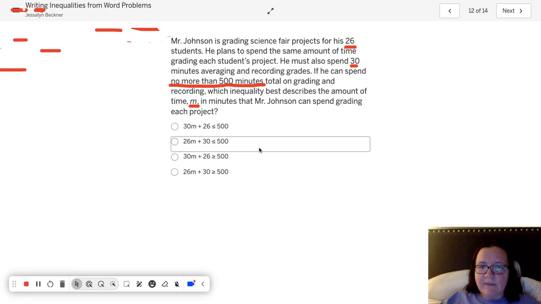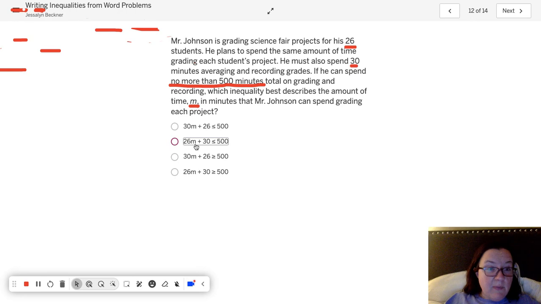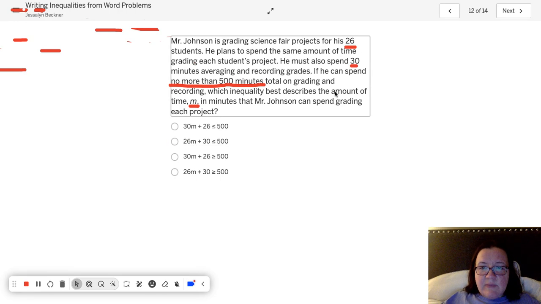So let's keep looking. He has 26 students. He plans to spend the same amount of time grading each student's project. So we have 26 students multiplied by the number of minutes we're trying to figure out. Okay. He can spend no more than.